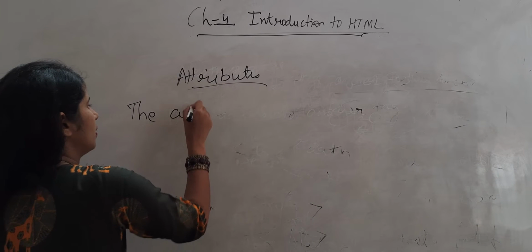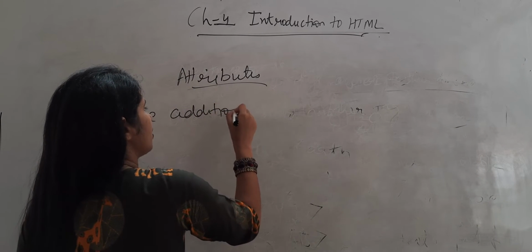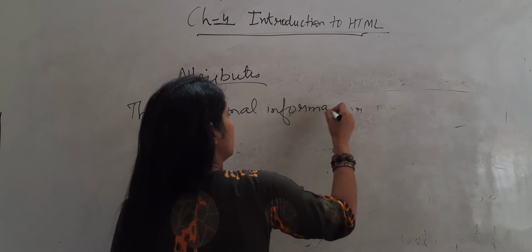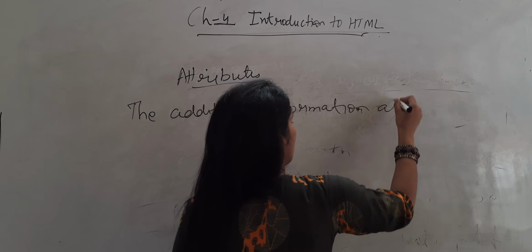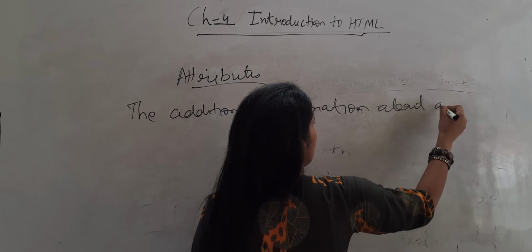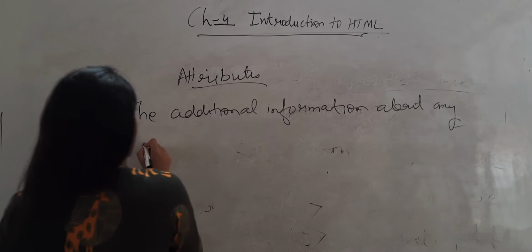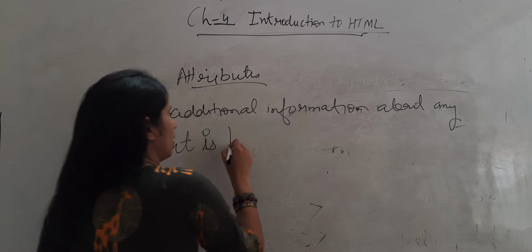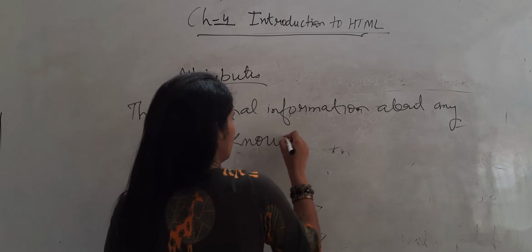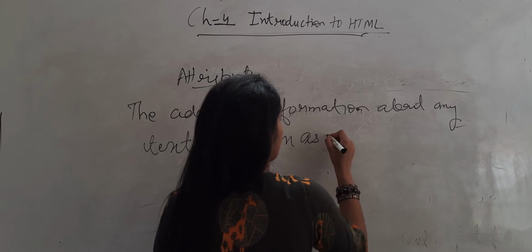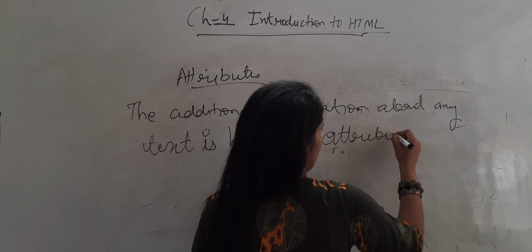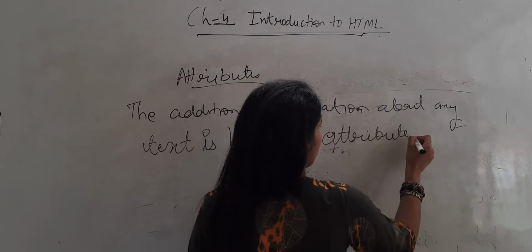The additional information about any text is known as an attribute.